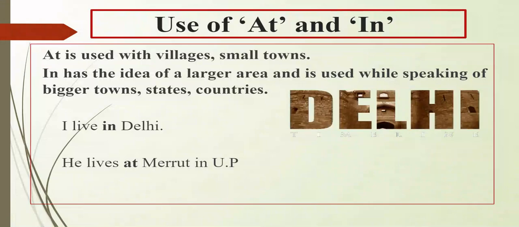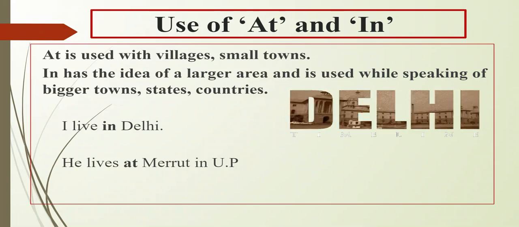Now, preposition of place. Earlier we took up preposition of time. Now at and in are used as prepositions of time. At is used as a preposition of place. So at is used with small towns, villages, and in is used for larger areas while speaking of big towns.